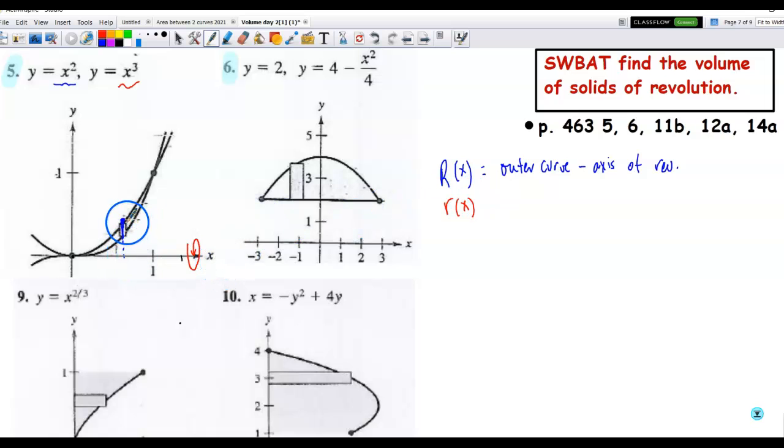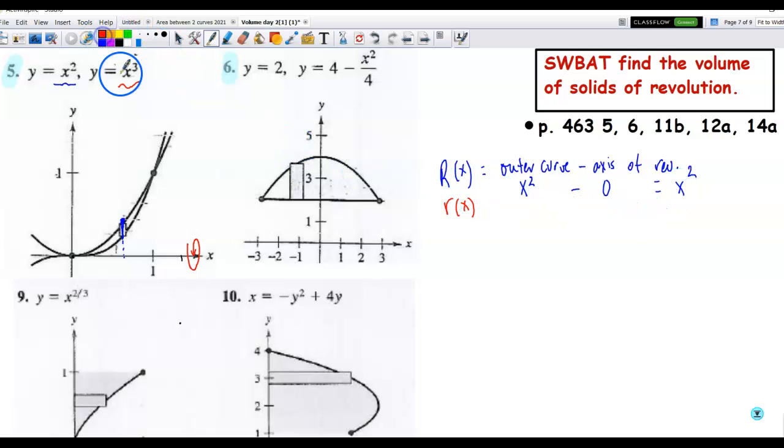So if we take the top curve or the outer curve, which is x squared, minus the axis of revolution, which in this case is 0, then the length of big R is x squared.